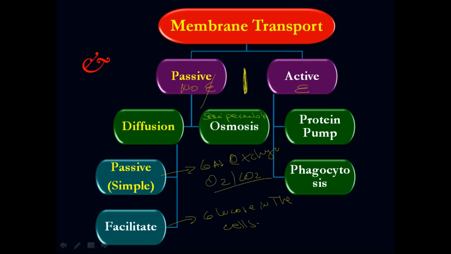Active, we use energy, protein pump. This is extremely important. The protein pump, for example, we are talking about the sodium-potassium pump. Okay, so please, I want you to remember this graphic. What enters first is the sodium, right?